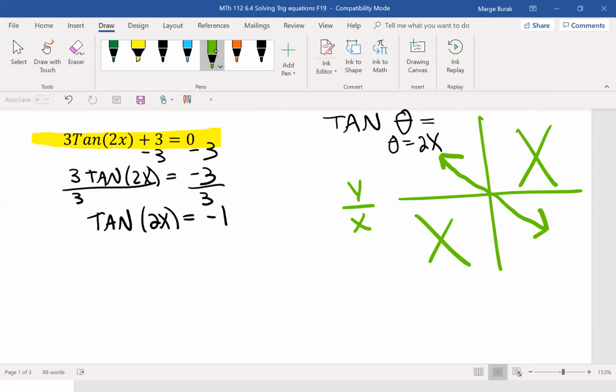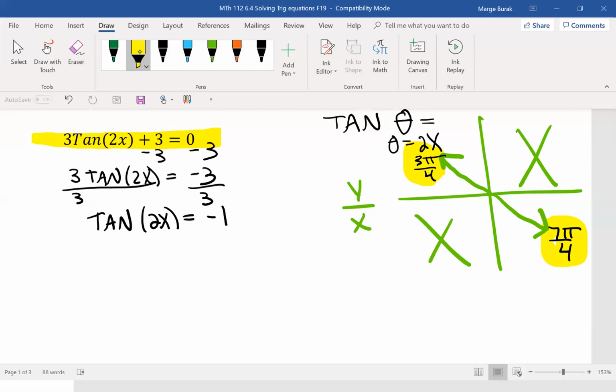And those angles are fourths. And this one happens to be 3 pi over 4, and this one is 7 pi over 4. So my two answers are 3 pi over 4 and 7 pi over 4, but also every angle that is coterminal with that.